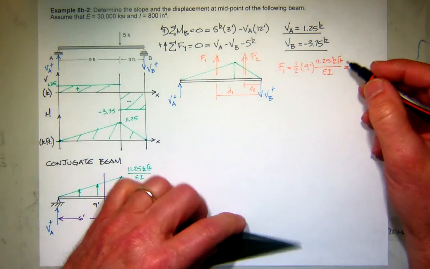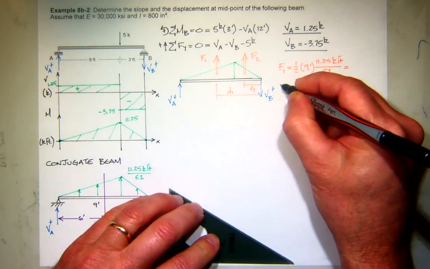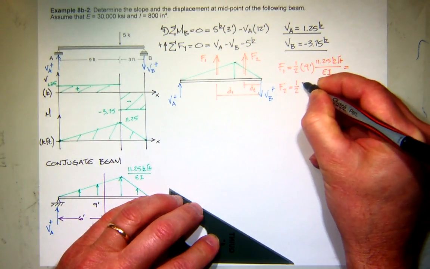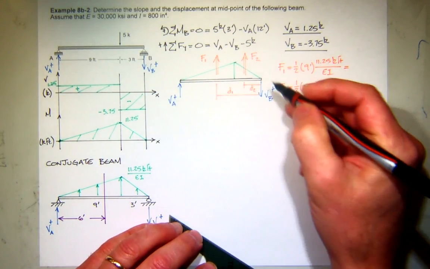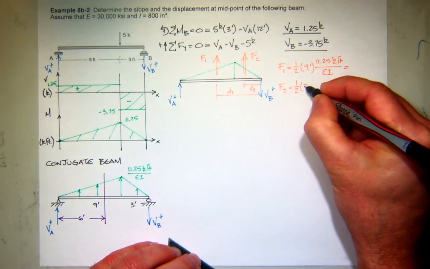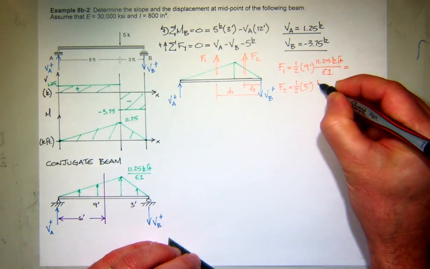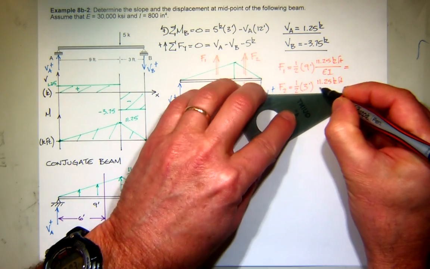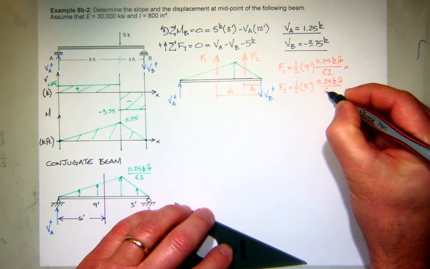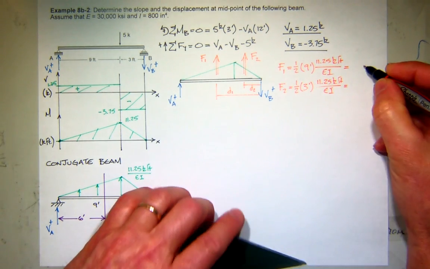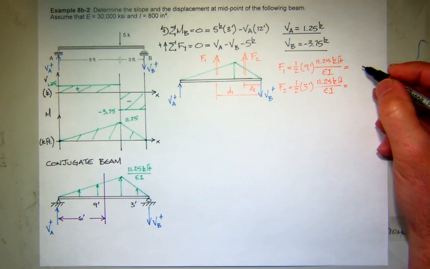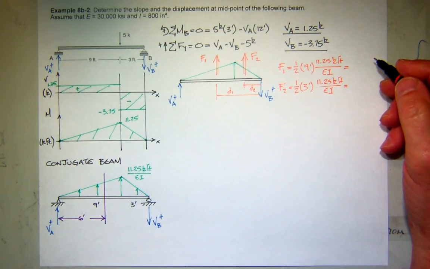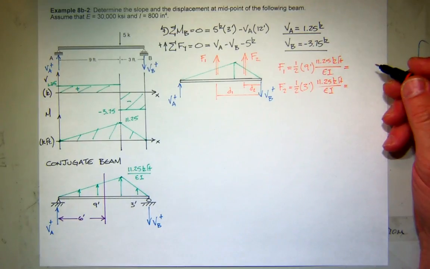While you're doing that one, I'm going to go ahead and calculate F2. So again, that's going to be 1/2 times this triangle. In that case, the base is 3 feet, and it's the same height, 11.25 kip feet, and that's again EI. So anybody get a value for the first one? 50 point what? 625. 625. Everybody else get that? No.